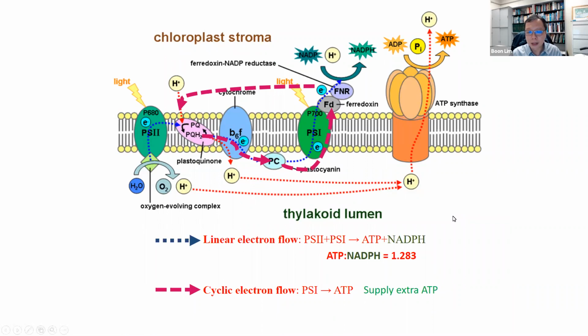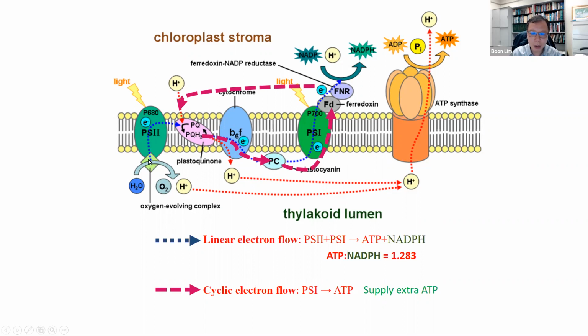Before I present our data, I would like to recall some of the basics of photosynthesis. Here is the photosystem of plants. There are a photosystem 2 and a photosystem 1.